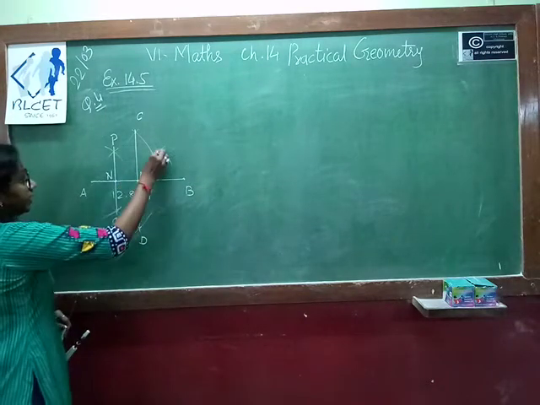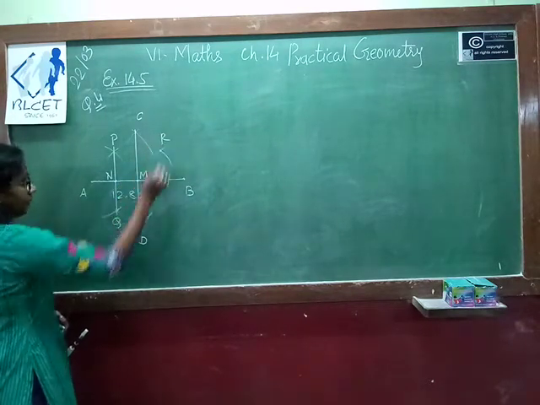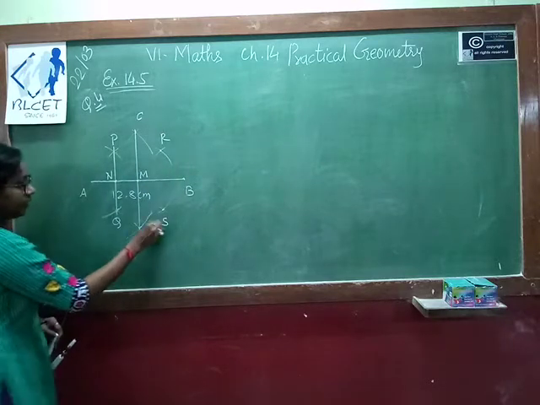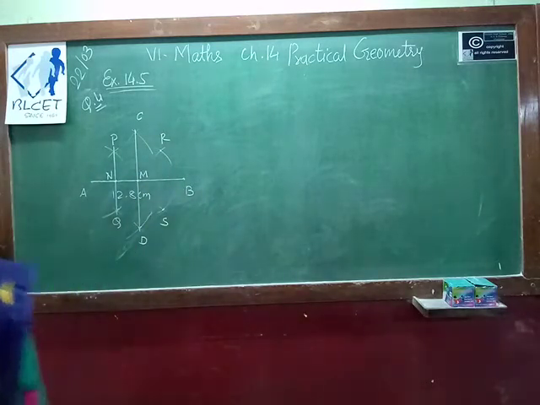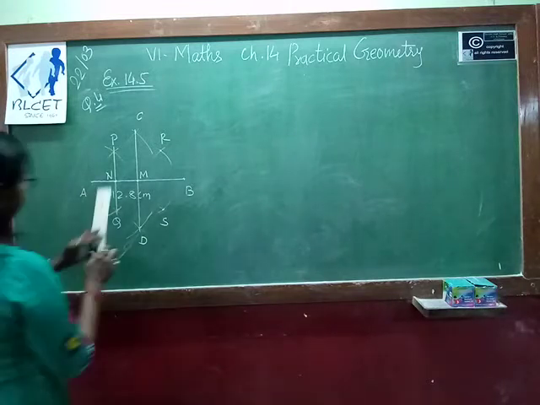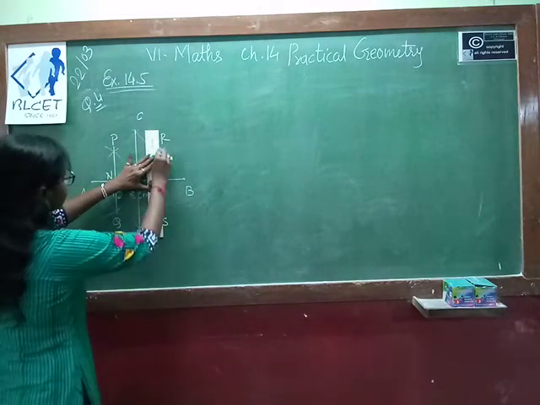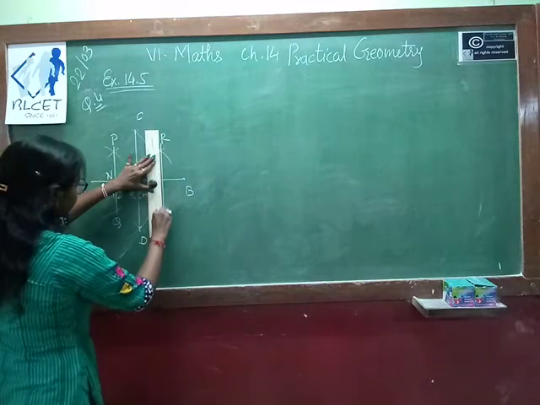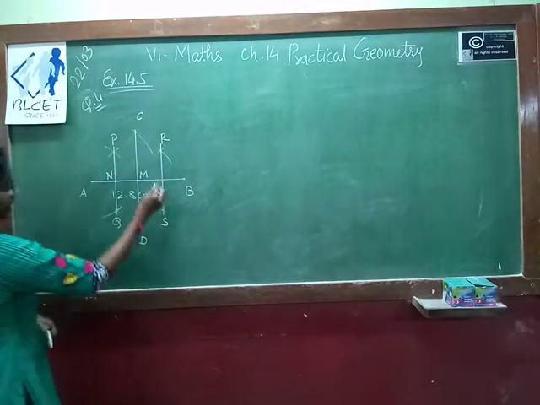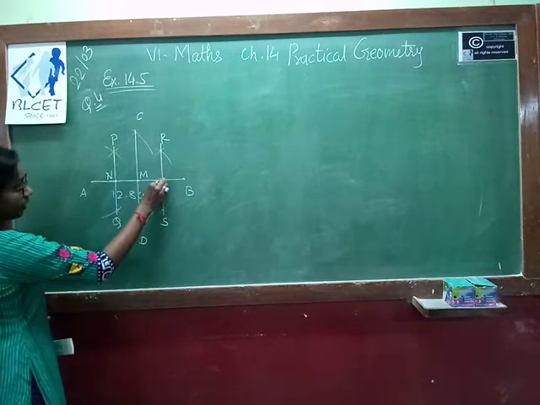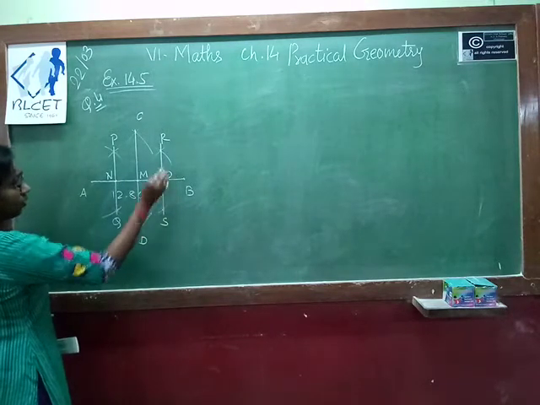So that you are getting points, name them R and S. Now join RS. So what happened? You are getting again one intersecting point, name it as O.